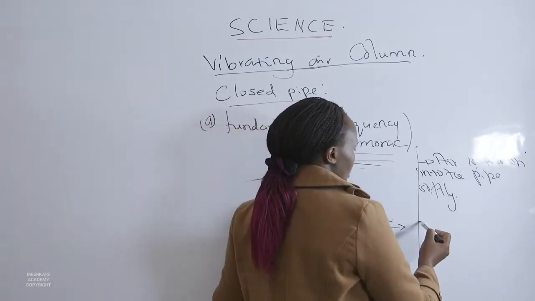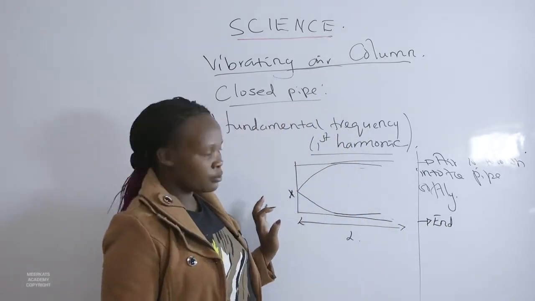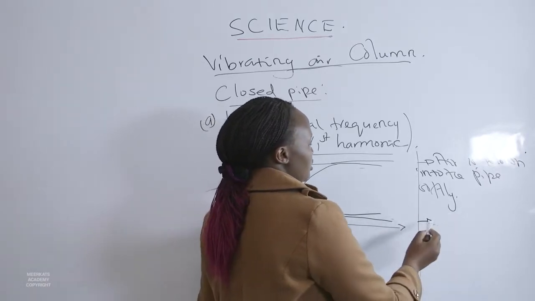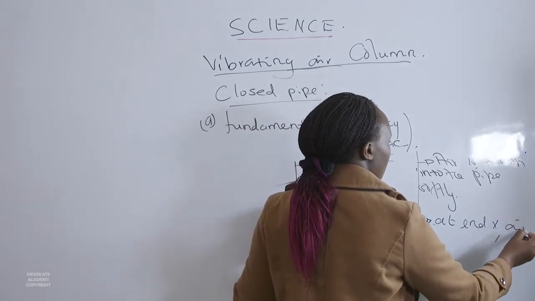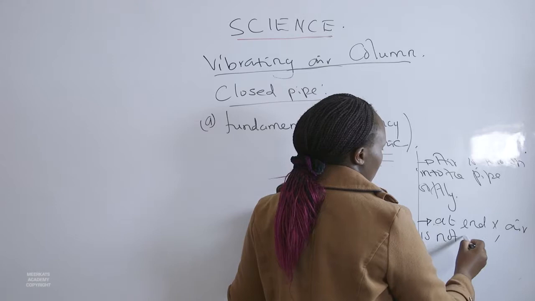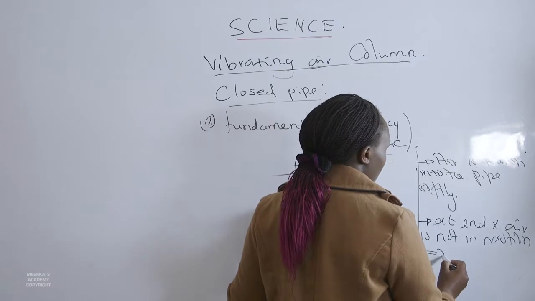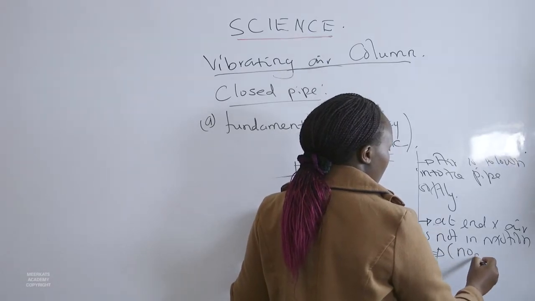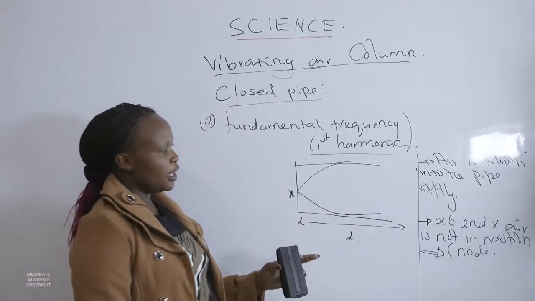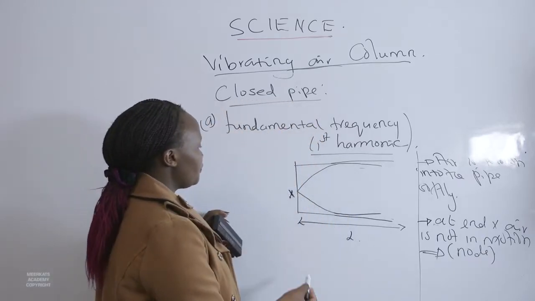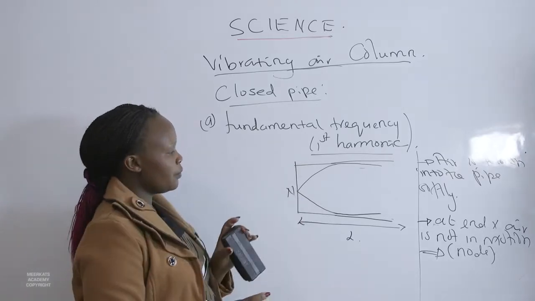Number two is that at end X, air is not in motion, implying that here we shall have a node. We shall have a node because at this point air is not vibrating.